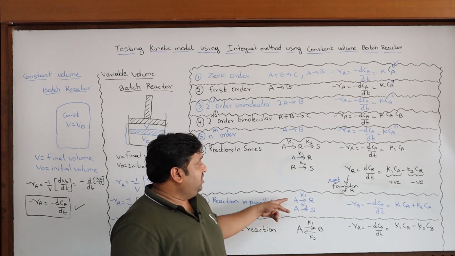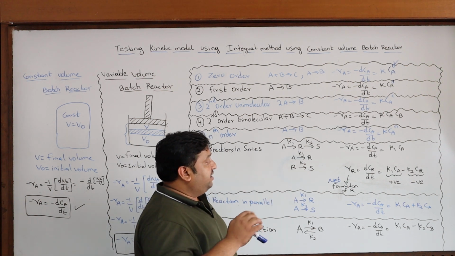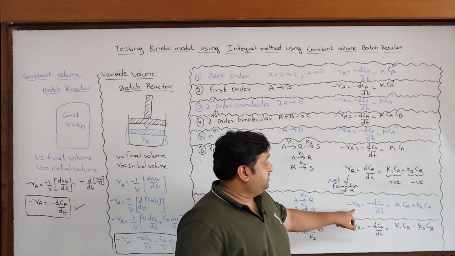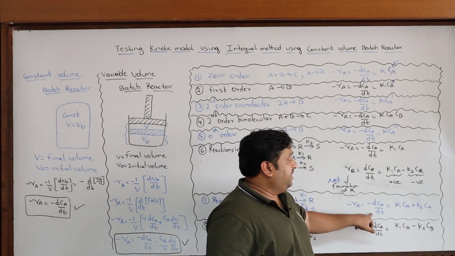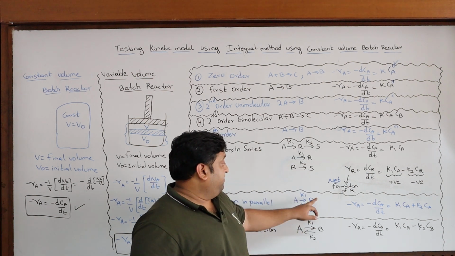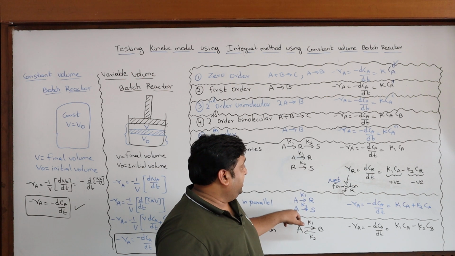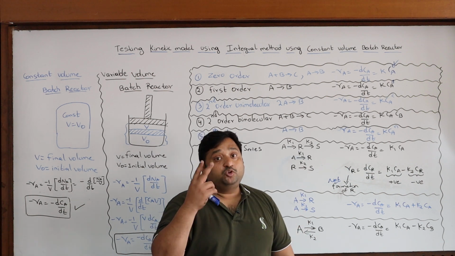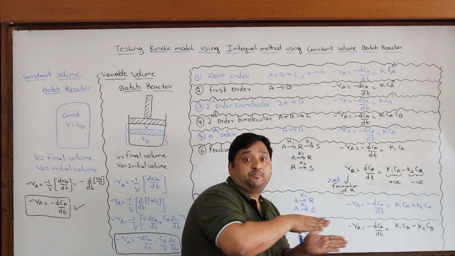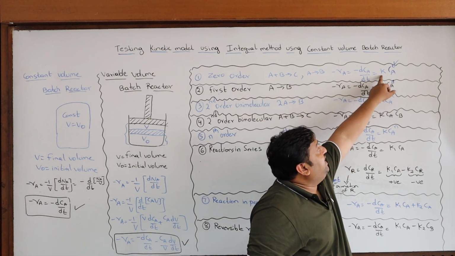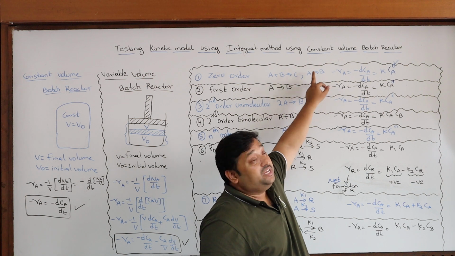Then there are two things that happen. The decomposition of A, minus Ra equal to minus dCA by dt, is the first reaction K1 into Ca plus the second reaction K2 into Ca, because there are two parallel reactions. In the earlier case there was only one decomposing reaction, K Ca.